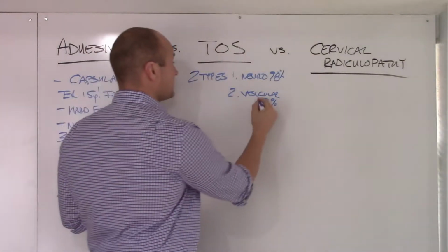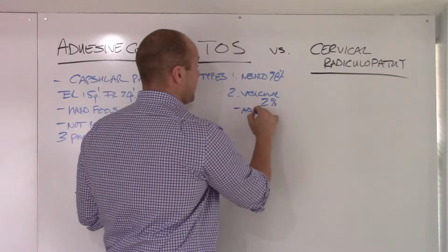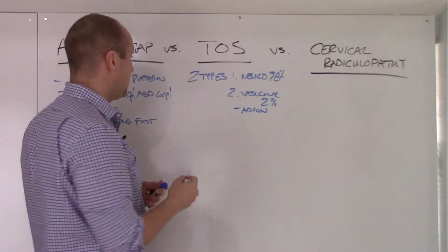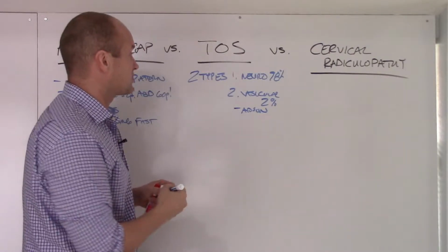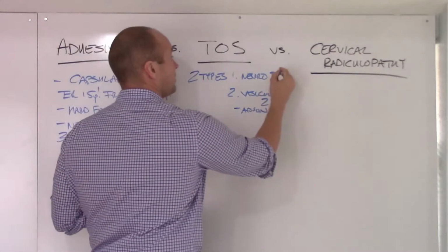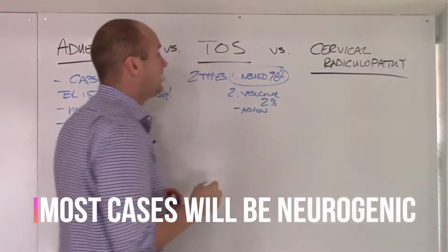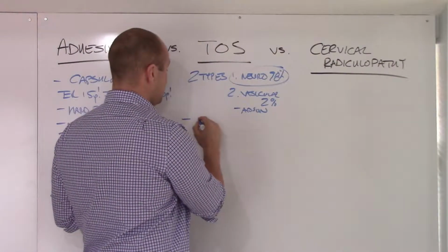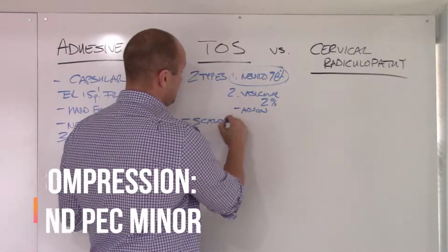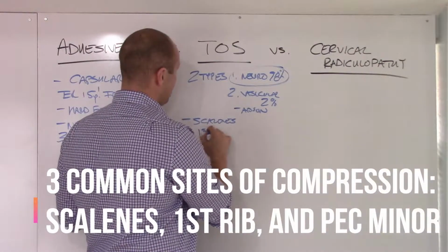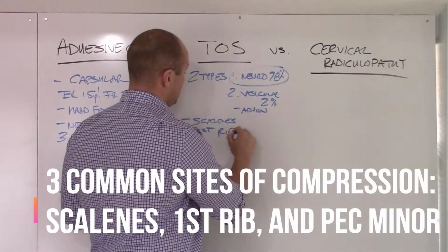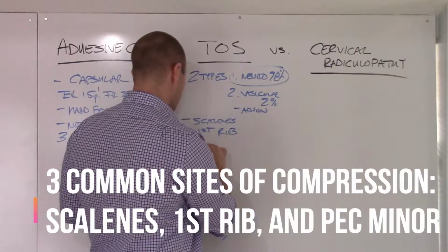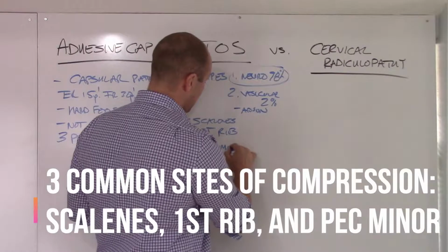For vascular, you look at the Adson test and you look for the change in the heart rate when you compress certain structures. Most of it is going to be neuro related, and they're going to be compressed at either the scalenes, the first rib, or the subclavicular space, and that's normally a pec minor problem.